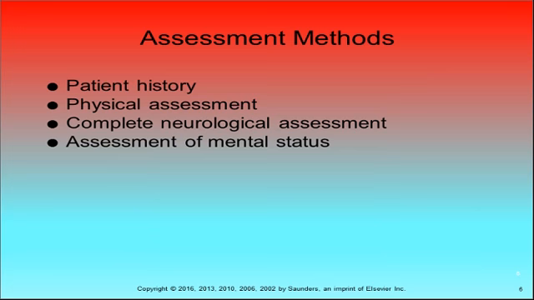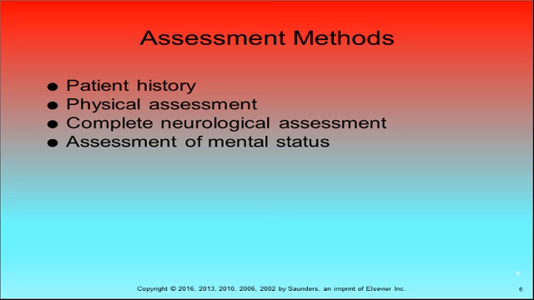How are we going to assess these patients? First off, we always know that we need an excellent patient history. You always want to assess their appearance, their speech, affect, how they're moving, if they seem to have cognitive deficit. Do they know what day it is, what time it is?